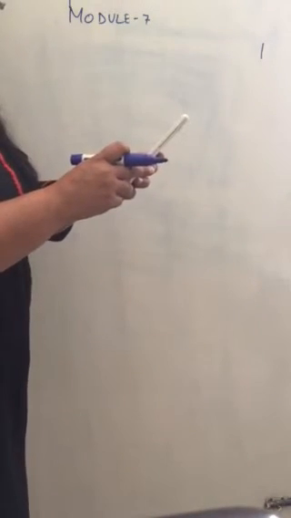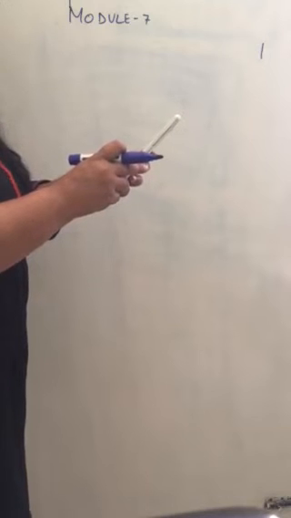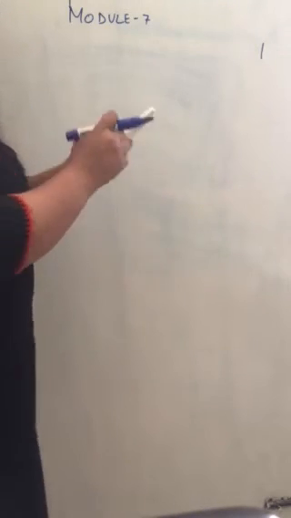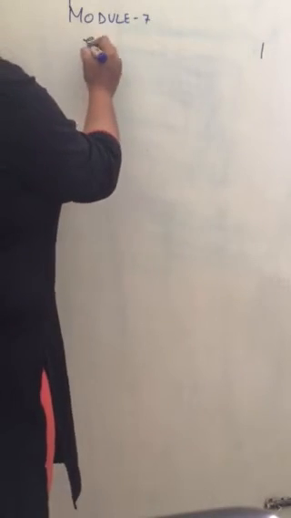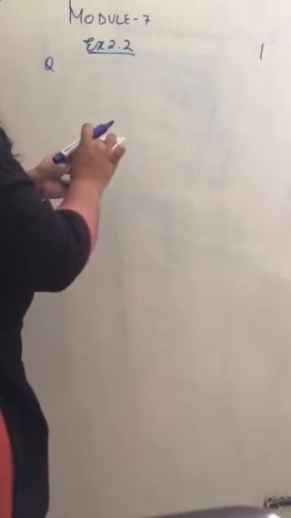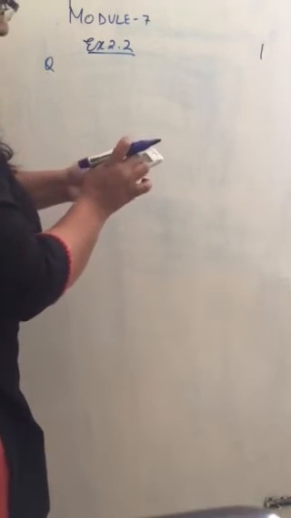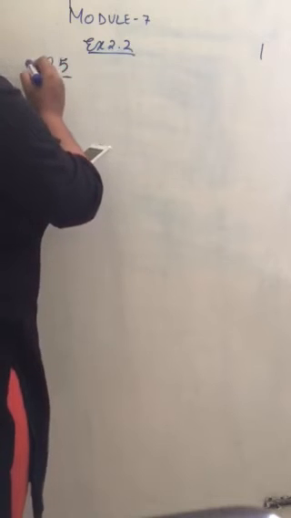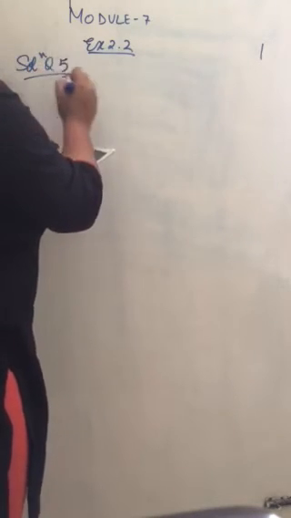A taxi driver filled his car petrol tank with 40 liters of petrol on Monday. Liters, this is your exercise 2.2 question number, what is the question number? 5. Right? And I am doing the solution of question number 5.